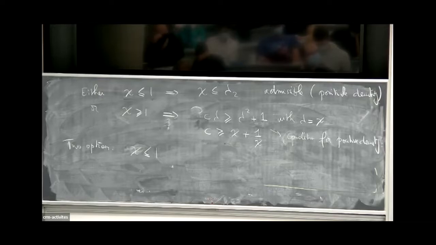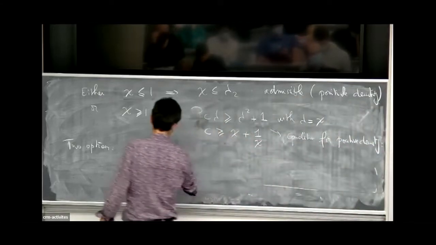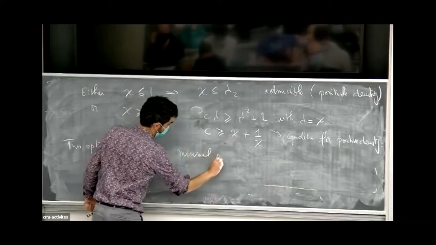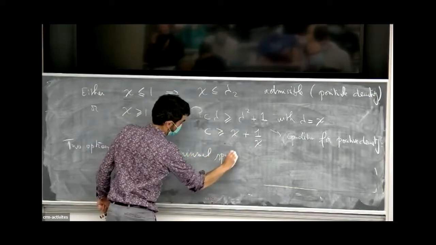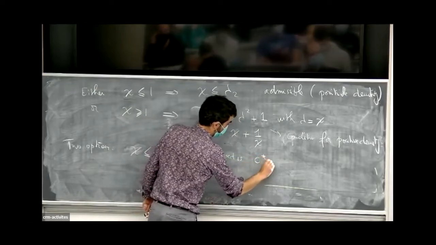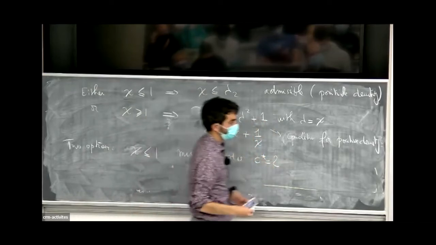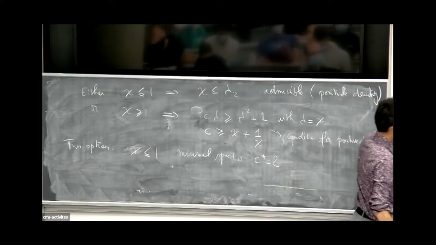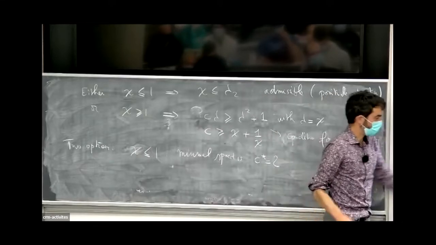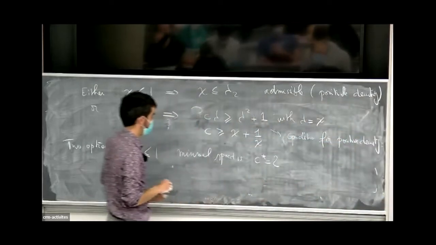So in this case, the minimal speed is C star equals 2. And I have, as usual, a traveling wave, even for larger speed, as described by this combination of exponentials. This is very classical.